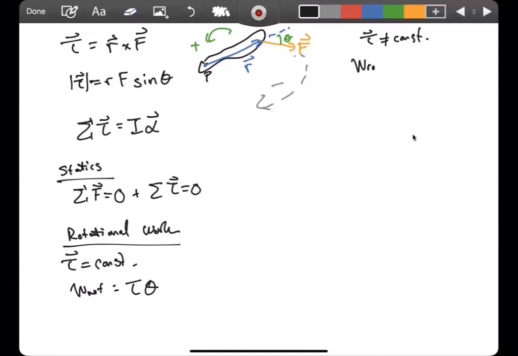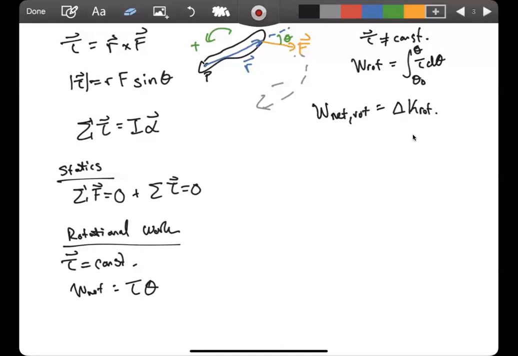So in this case, the rotational work is then equal to the integral of the torque integrated over the angle from the initial angle to the final angle. And finally, we have that the rotational work is related to the rotational kinetic energy by, again, the work-kinetic energy theorem, which says that the net rotational torque work is then equal to the change in rotational kinetic energy.